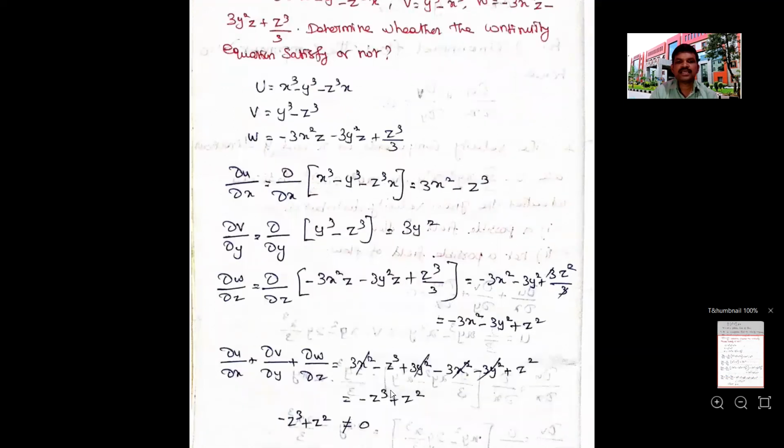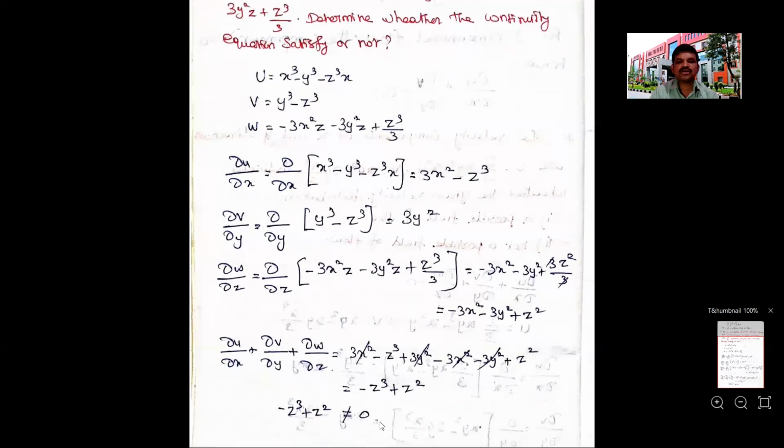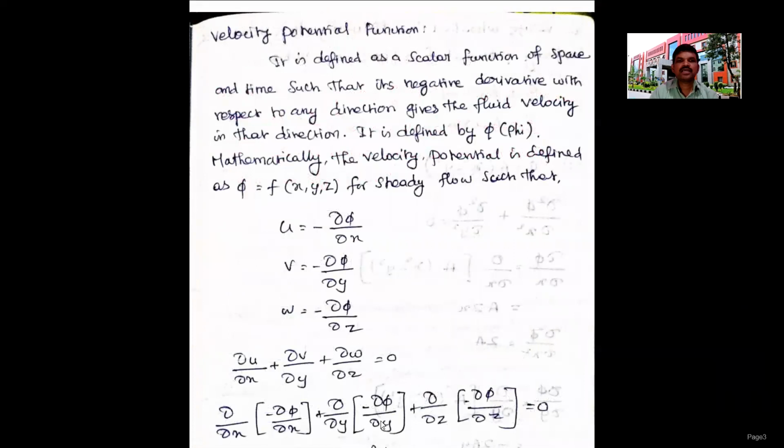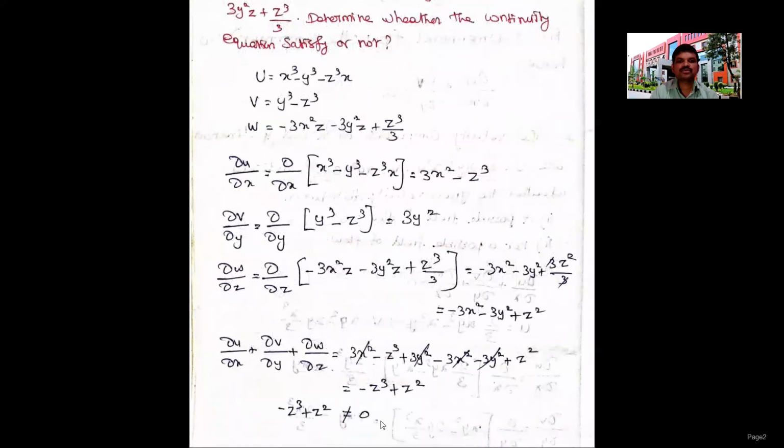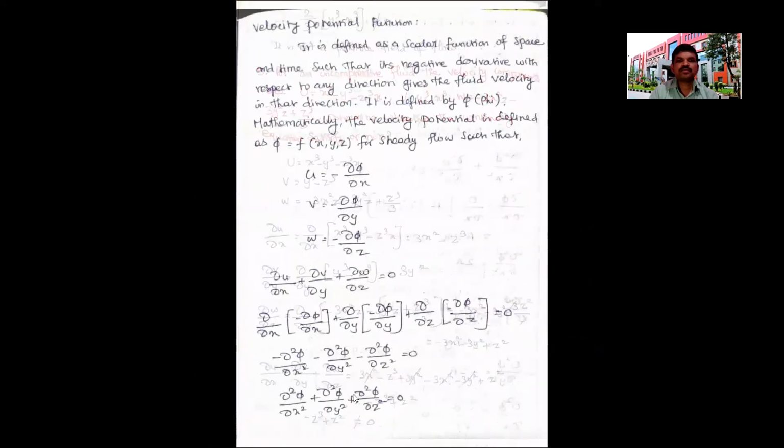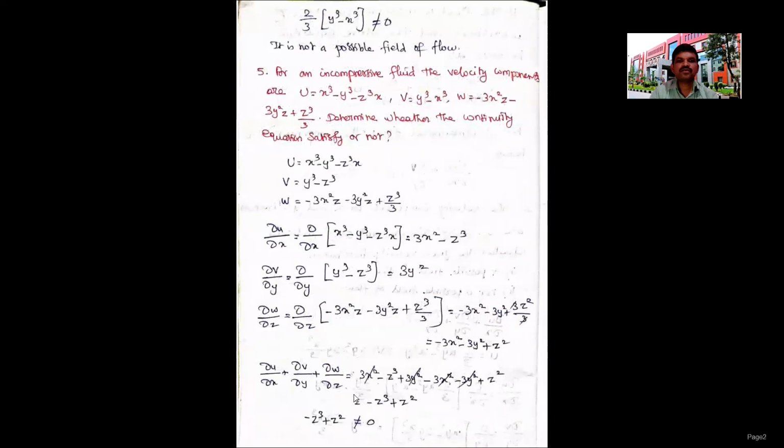What is the balance? Minus z³ plus z², which is not equal to 0. So here also it is not satisfied. It is not a possible field of flow; the continuity equation is not satisfied.